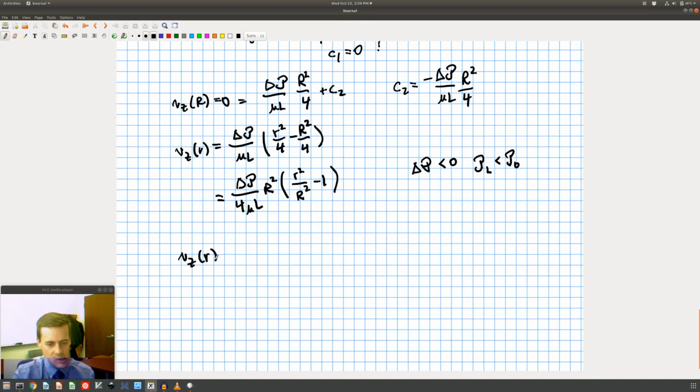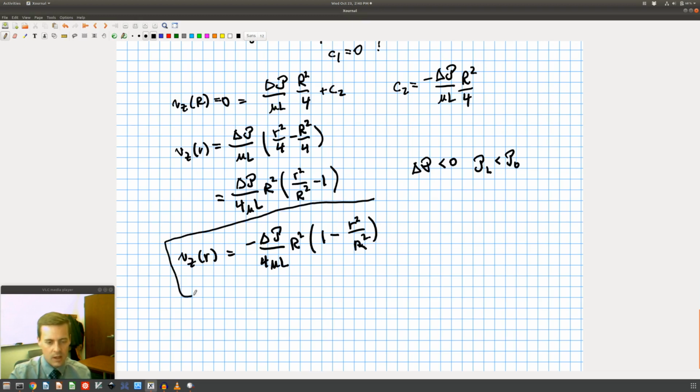So they write Vz as a function of r is equal to minus ΔP dynamic divided by 4μL with an R squared out front, 1 minus r squared over big R squared. Okay, and that, sorry for the handwriting, is Poiseuille flow.